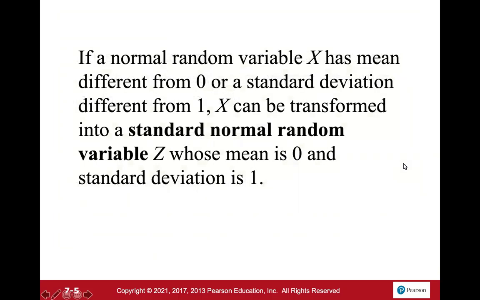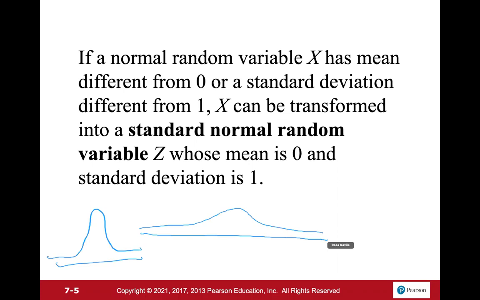If a normal random variable x has a mean different from 0 and a standard deviation different from 1, x can be transformed into a standard normal random variable z, whose mean is 0 and standard deviation is 1. That's what we find the z-score for, because we have a bunch of different distributions. That could be a normal distribution, this could also be a normal distribution, and something that looks like this could also be a normal distribution.